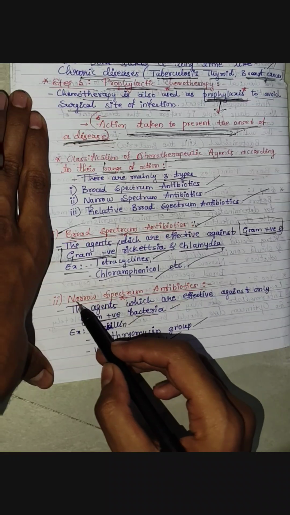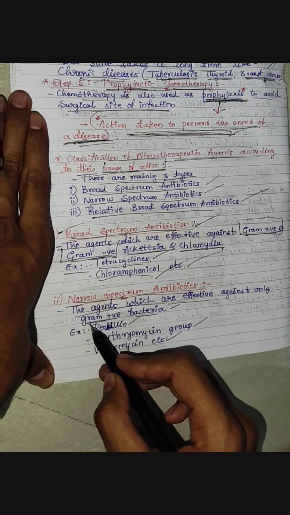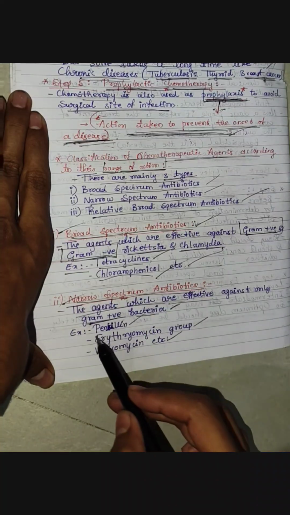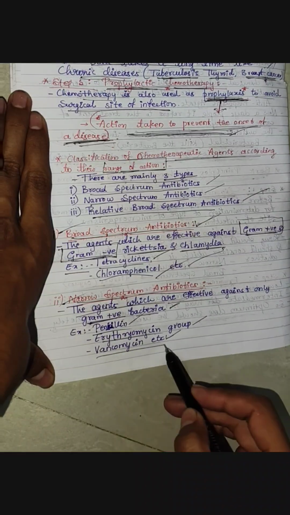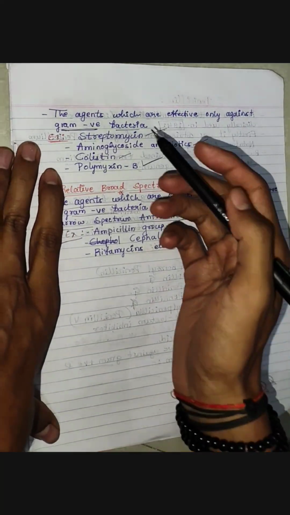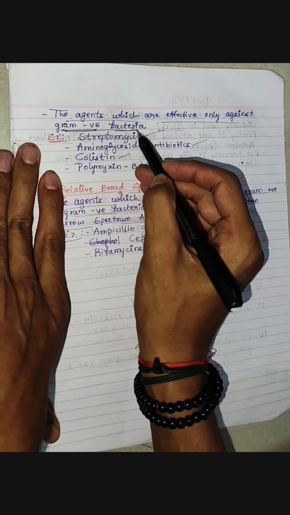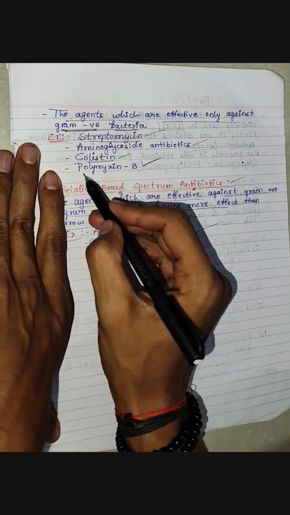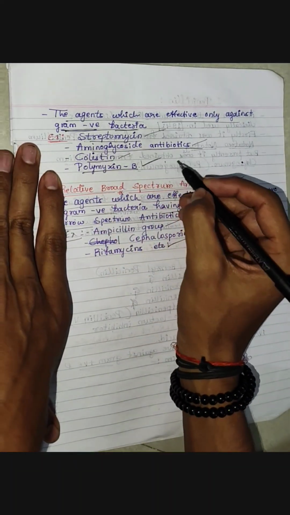Now the second one is narrow spectrum antibiotics, the drugs which are effective against only gram positive bacteria. Penicillin, the erythromycin group and vancomycin are examples. Also in narrow spectrum are agents effective only against gram negative bacteria. Examples are streptomycin, colistin, polymyxin B, and aminoglycoside antibiotics.